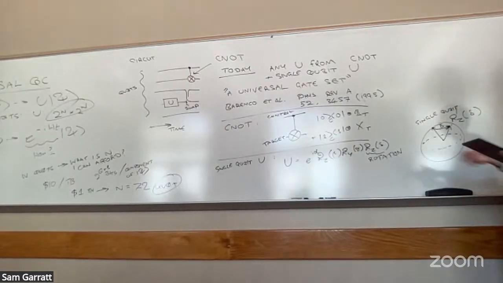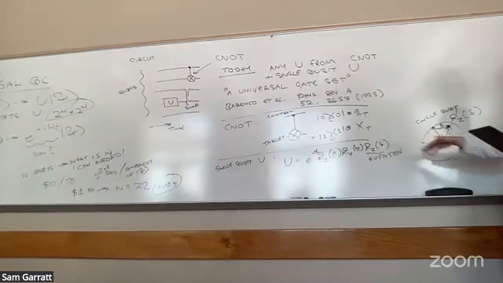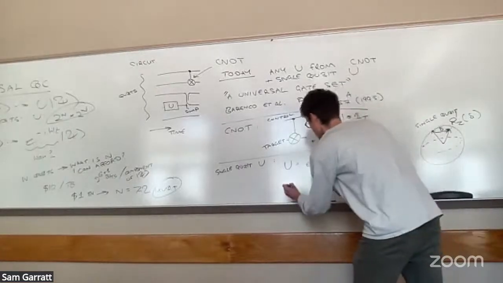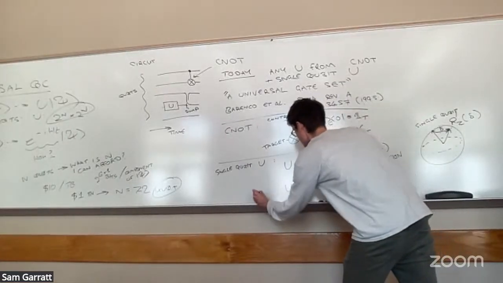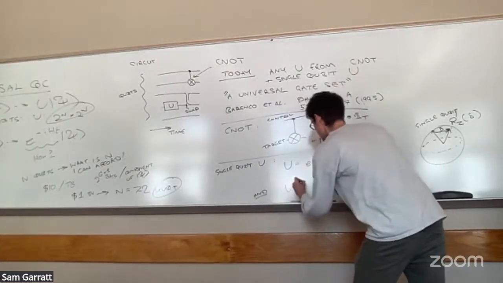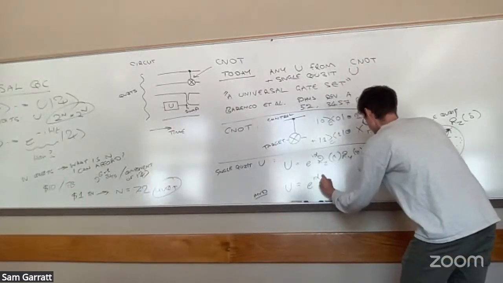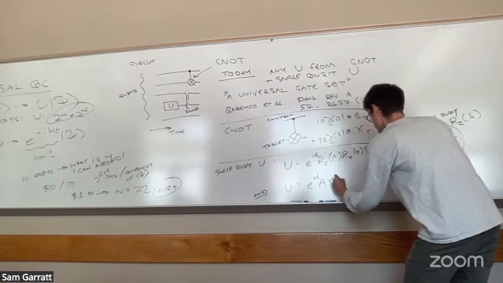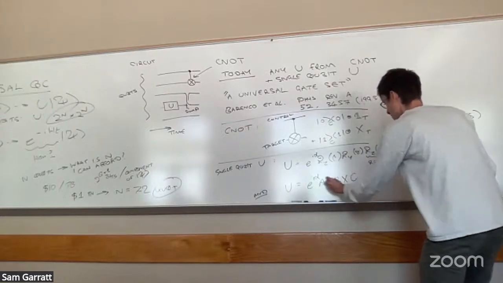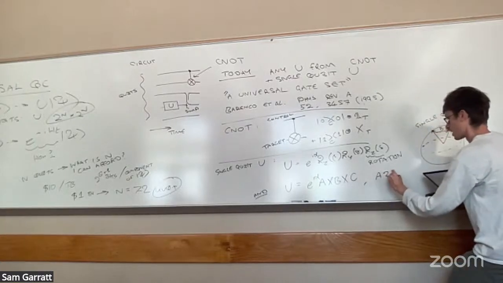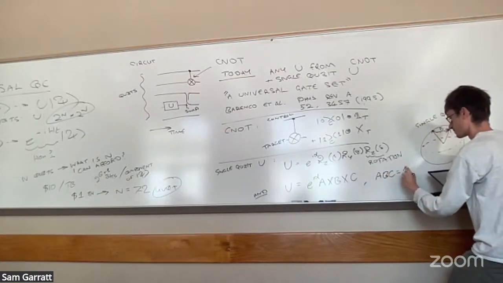The other property we're going to need of unitaries is the following. By choosing appropriate rotations, you can show that any unitary can be expressed in this form. A, B, and C are generic, X is the Pauli X operator, and we want A, B, C to be equal to the identity.